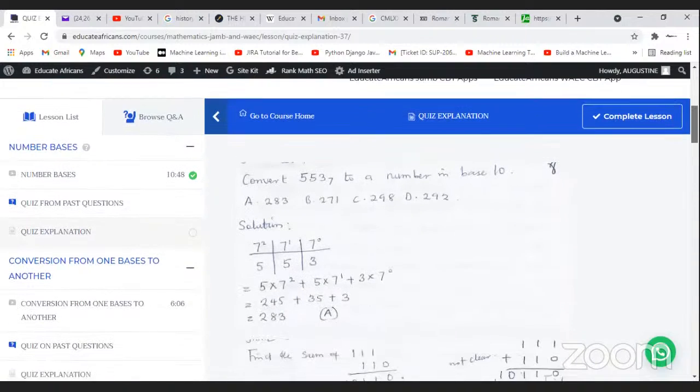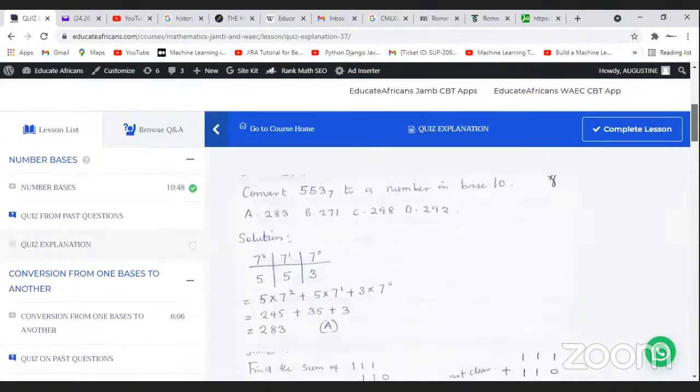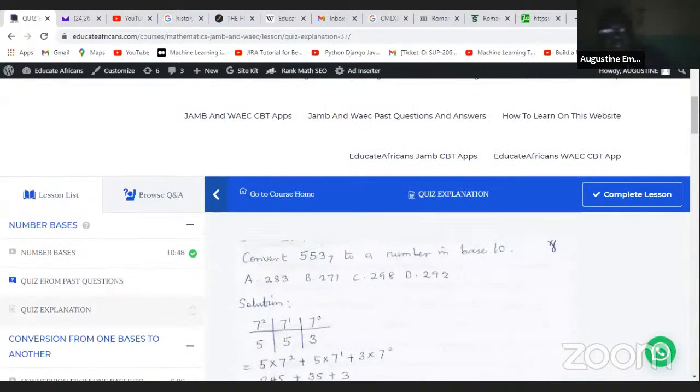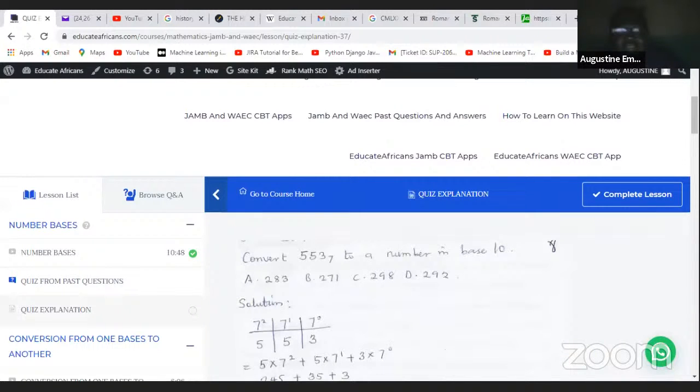So let's look at these problems. Can somebody do this one? Convert to a number in base 10.